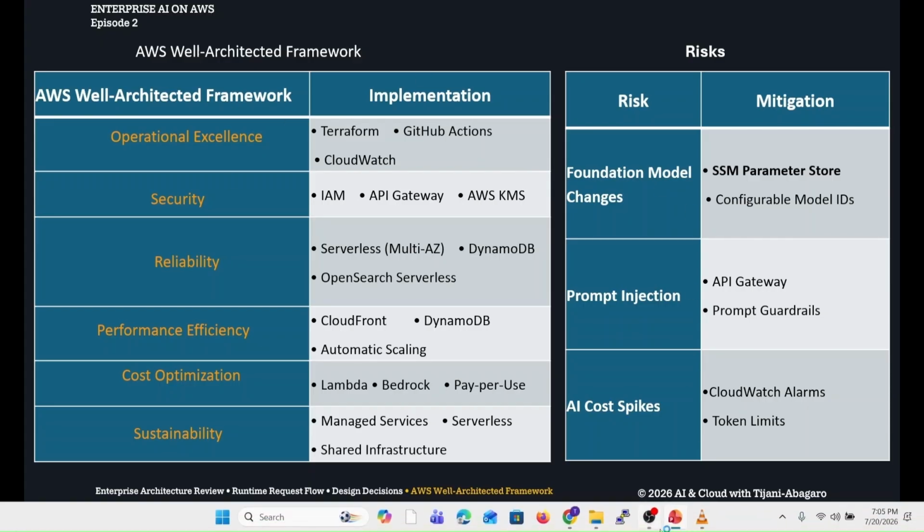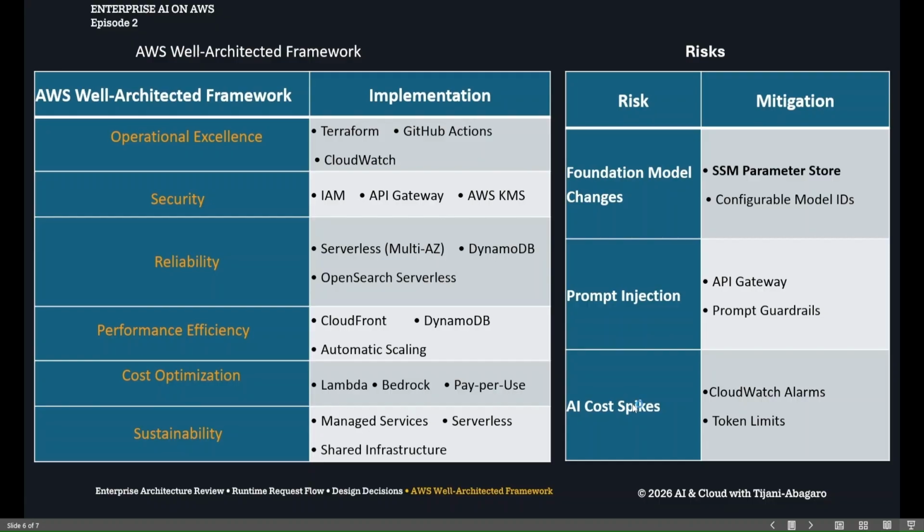AI costs are controlled using CloudWatch alarms together with token limits. The result is an architecture that is secure, reliable, operationally efficient, and ready for production.